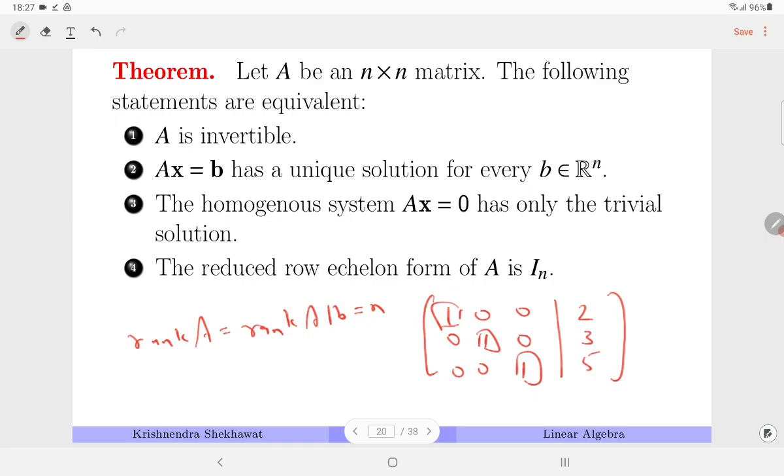And from 4 again you can go back to 1. When RREF is identity, then we get a unique solution and A is invertible.